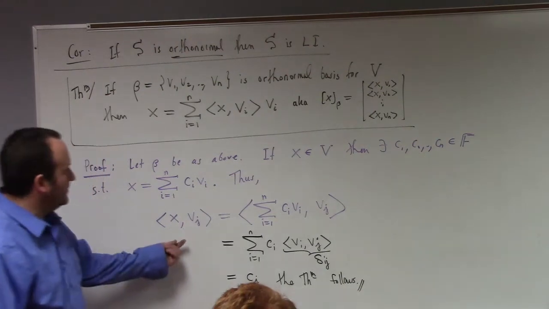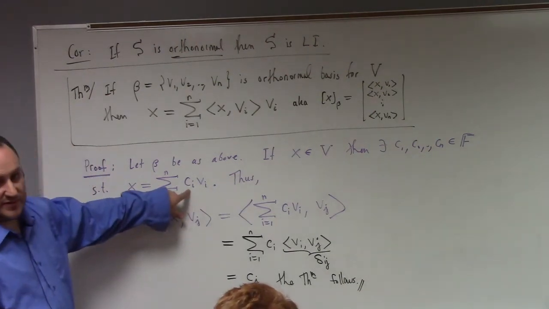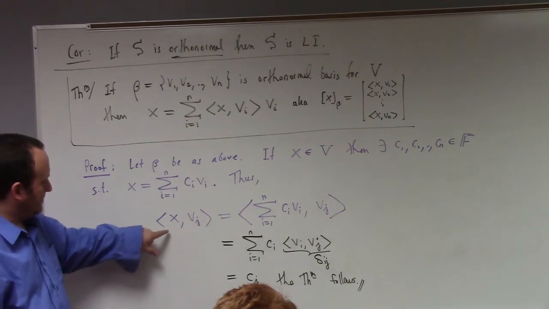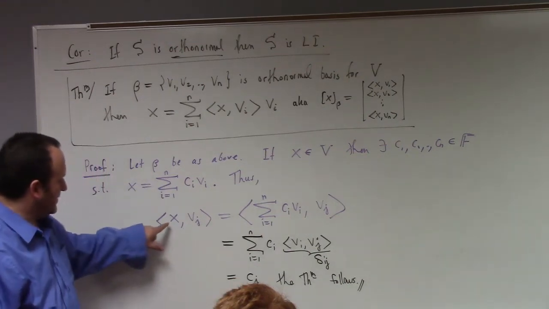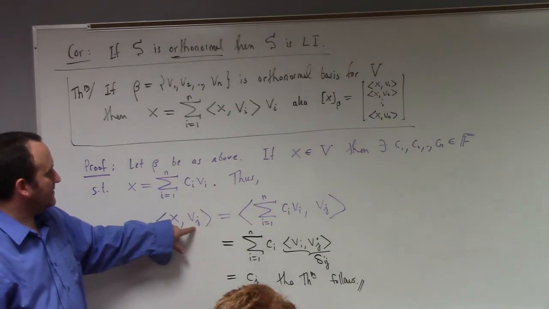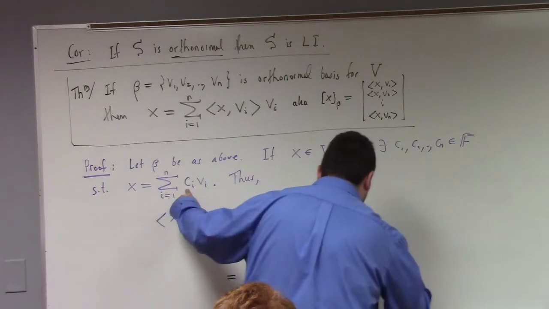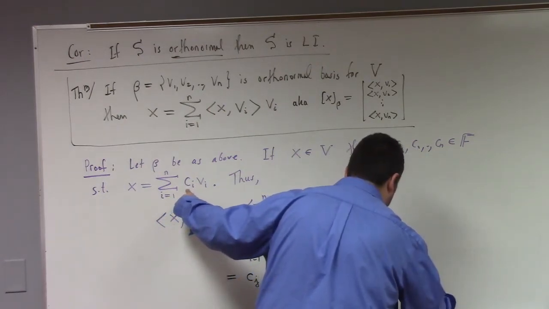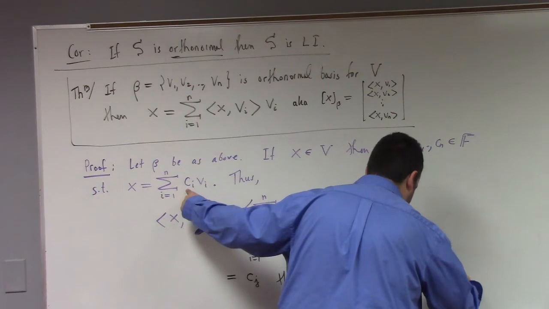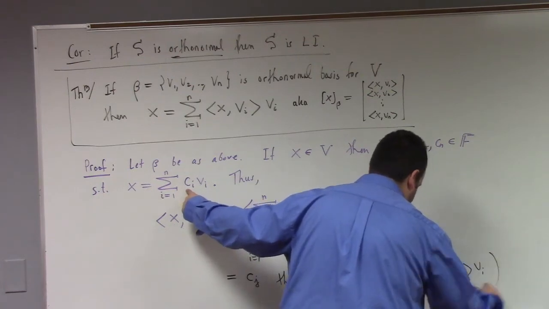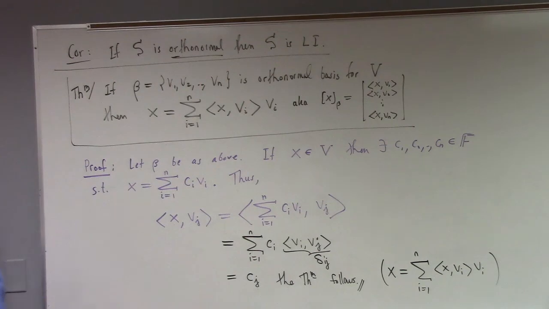See, because I just showed you that Cj is equal to the inner product of x with Vj for each j, which means that this right here can be rewritten as what? And then, since you guys know the definition of coordinate vector, my AKA statement's not mysterious, right?